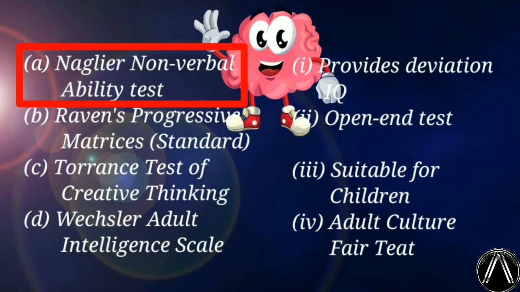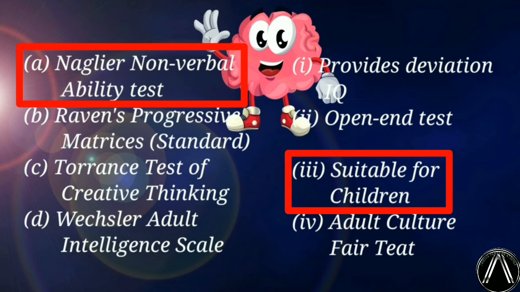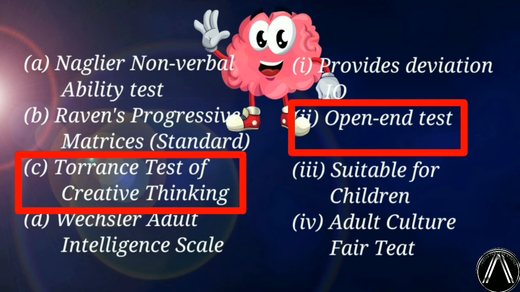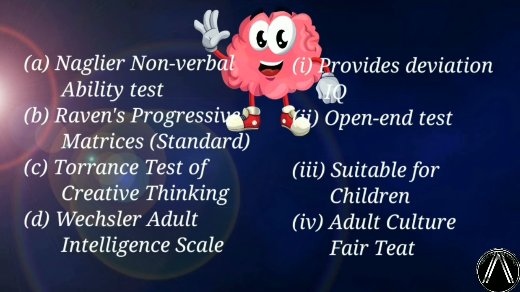Option A, Naglieri Nonverbal Ability Test. You remember when I said these tests are administered to school children from kindergarten to 12th grade, right? So, suitable for children. Matched. Now, option C, Torrance Test of Creative Thinking. Do you remember when I said it involves open-ended simple tests of divergent thinking and other problem-solving skills? Yeah, so open-ended tests matched.